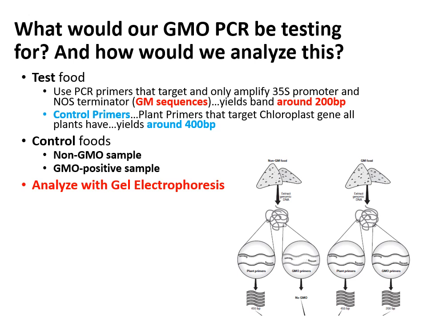If your test food bands match the non-GMO, then you know you have no GMO. If your test food bands match the GMO positive, then you know you have GMO in that test food. The key point is that you would analyze your PCR products with gel electrophoresis and look for those bands. Does it have the 400 base pair band? And more importantly, does it have the 200 base pair band?